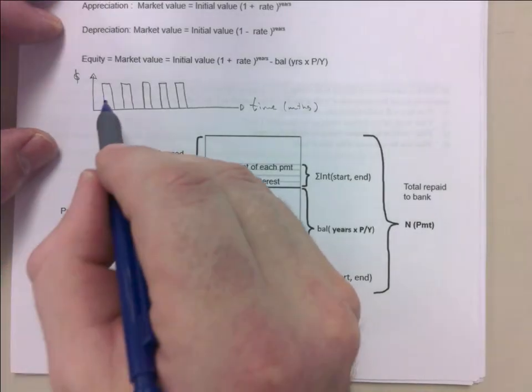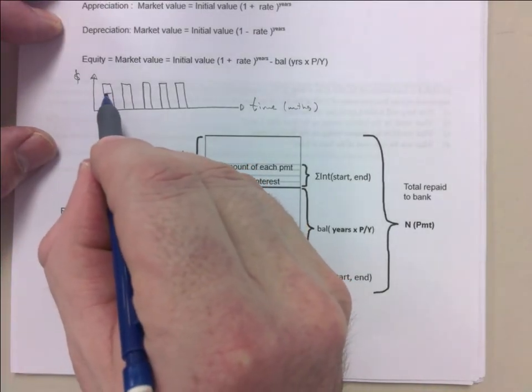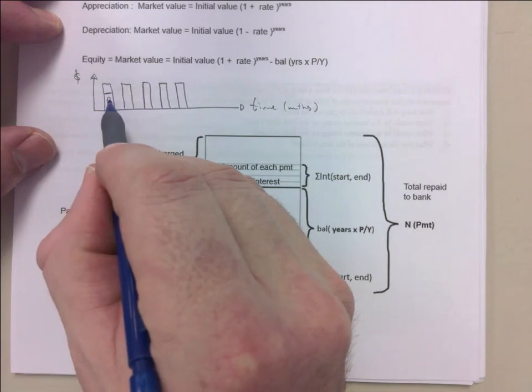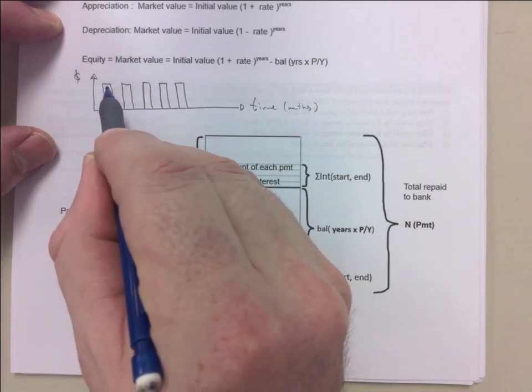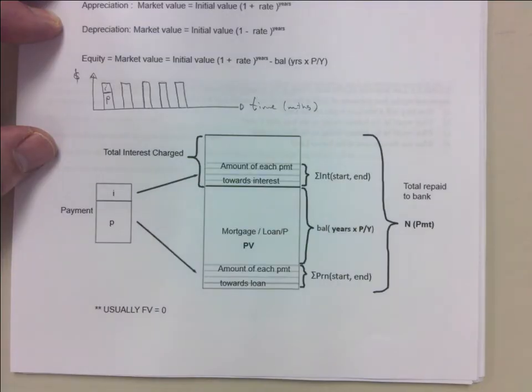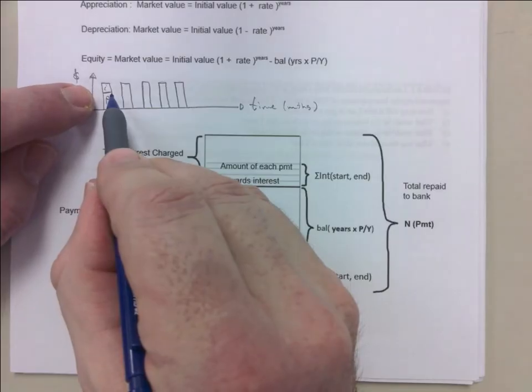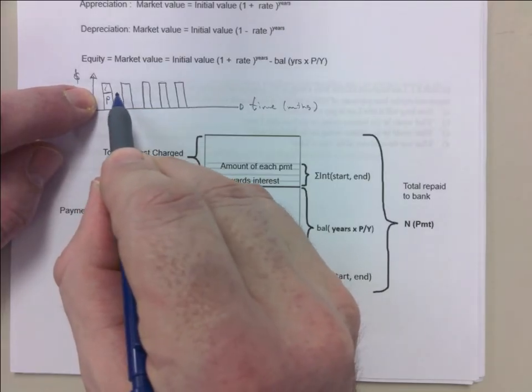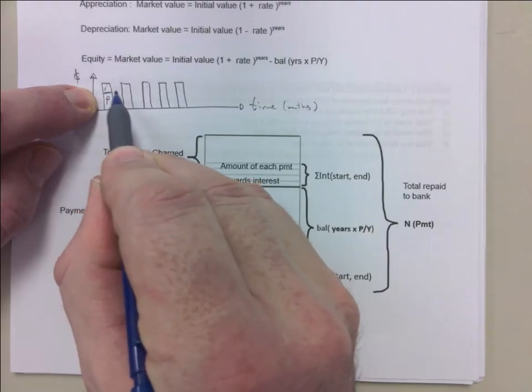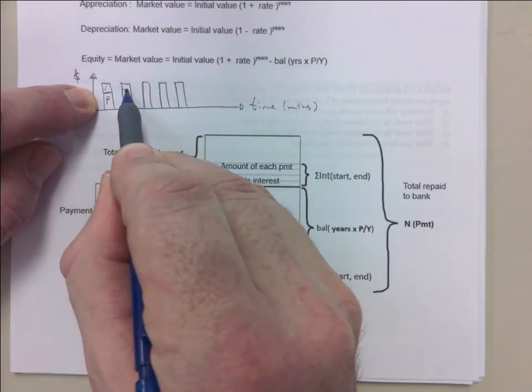But did you know that every single payment is part principal and part interest? Every single payment. And as the months progress, guess what? The chunk that is interest is going to get slightly smaller.